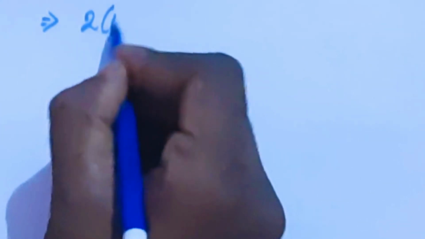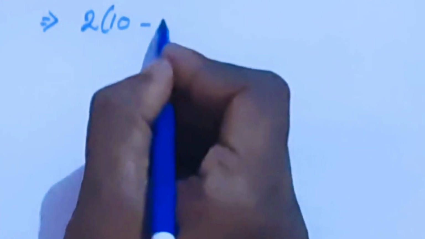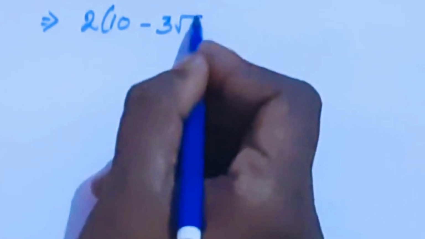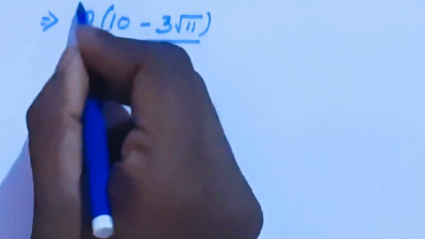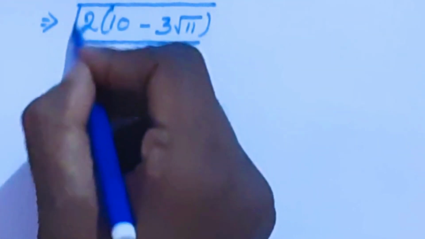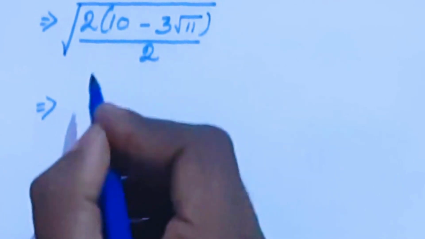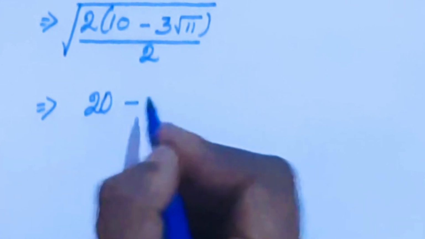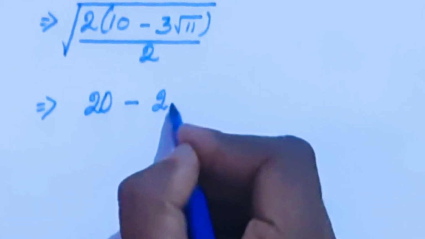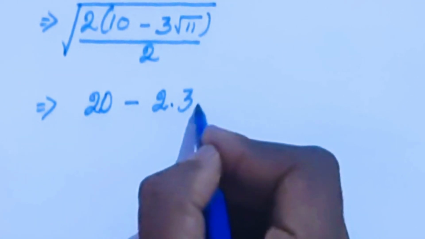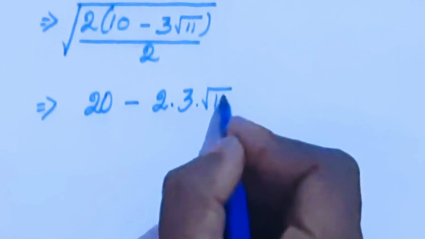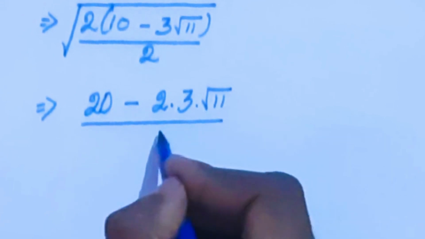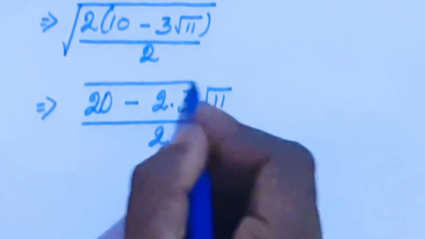Square root of 2 times 10 minus 3 square root of 11 by 2. Now we are multiplying this 2 here. So 2 times 10 is 20 minus 2 times 3 times square root of 11 by 2.